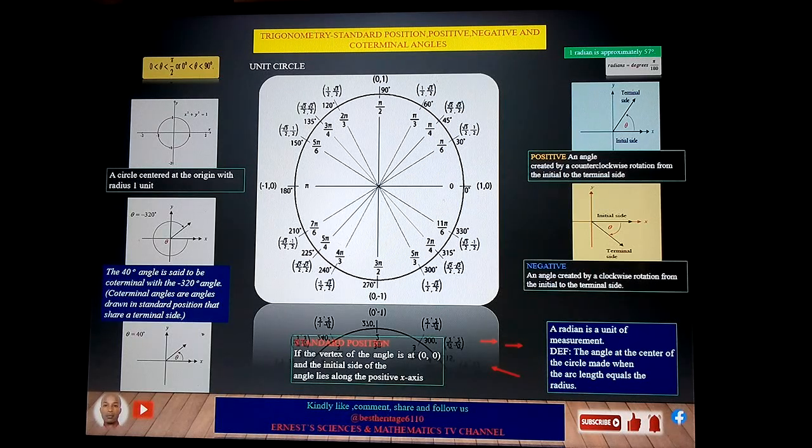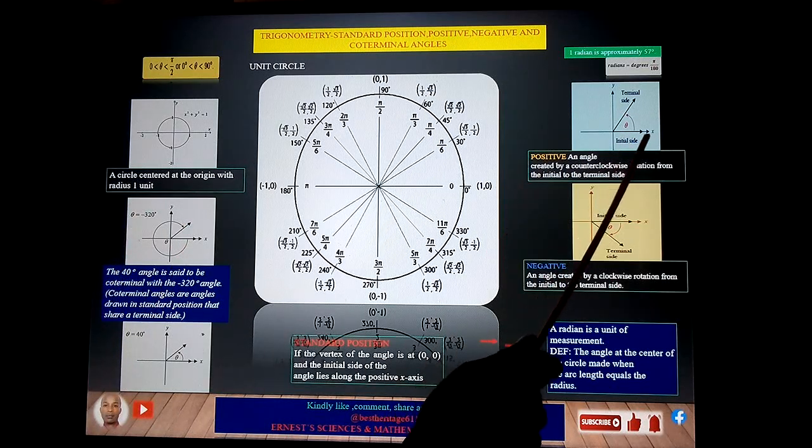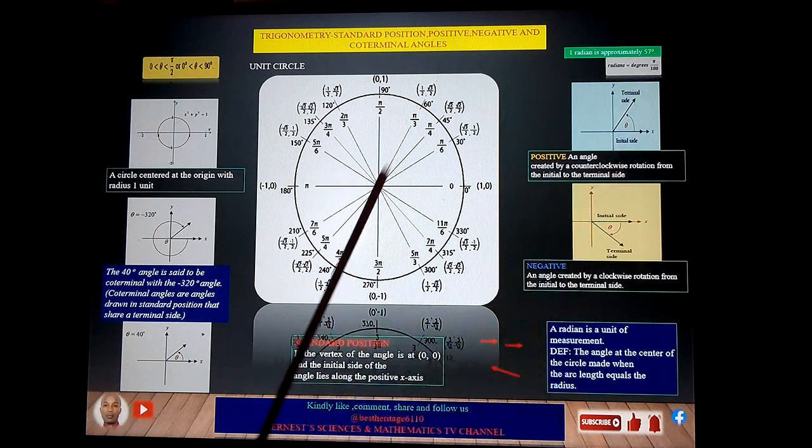So in any case, if we look at the concept of an angle, we had said that an angle is created from the stretch between this axis, which is along the positive x, and it can go in the clockwise direction or the anti-clockwise direction. These are regarded as the initial side and the terminal side respectively.